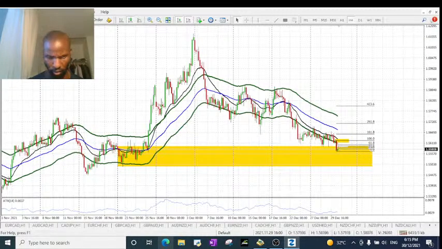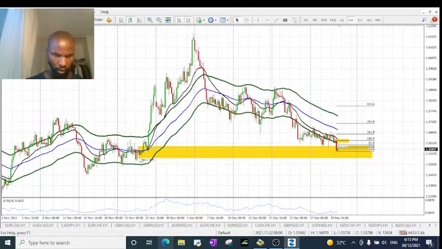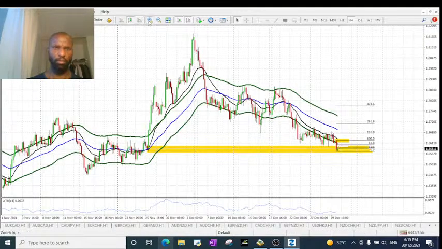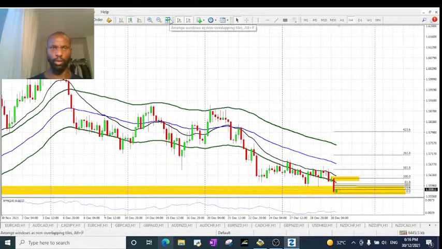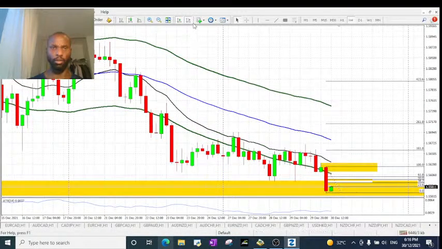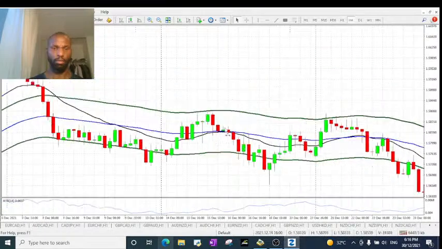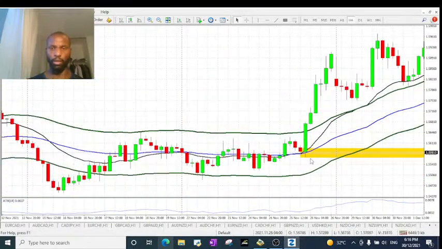In fact, to draw the zone precisely, you see where the push started on the 4 hour chart. Man, look at the strength of that move. That's a lot of buying pressure. Look at that. And we are sitting right here, right now.